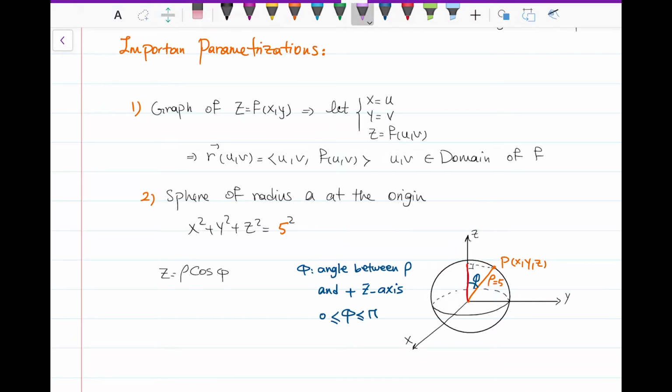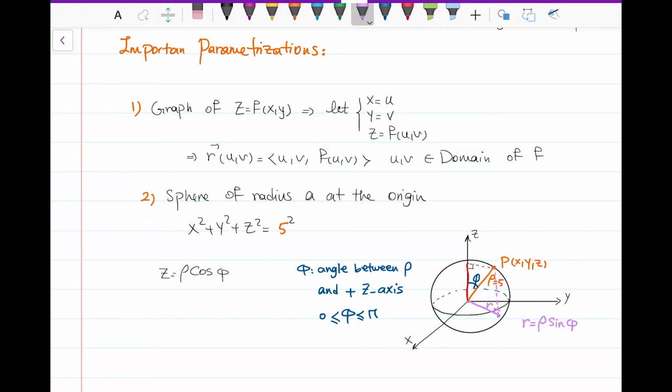Good. Now I'm going to project rho into the xy plane, and I'm going to call it r. So I have a right triangle in here. In this case, r would be parallel to this side of the triangle, so r would be rho sine phi. Very good.